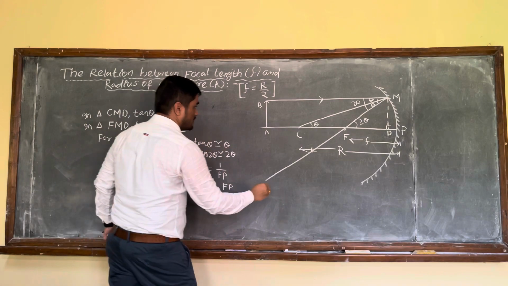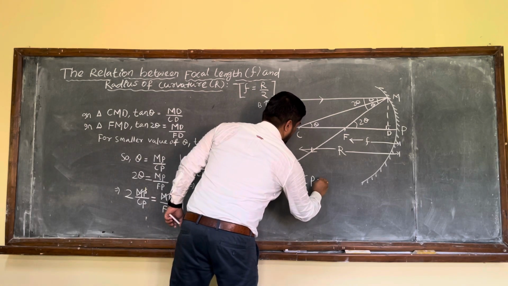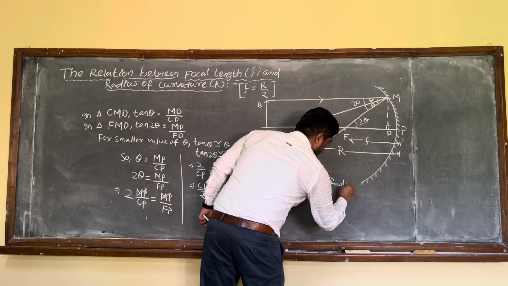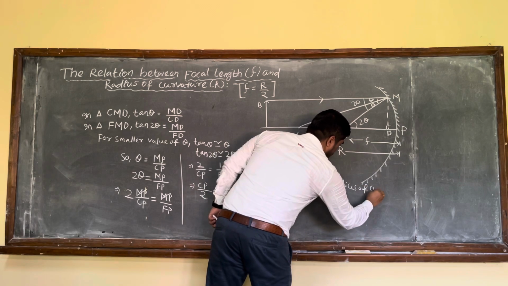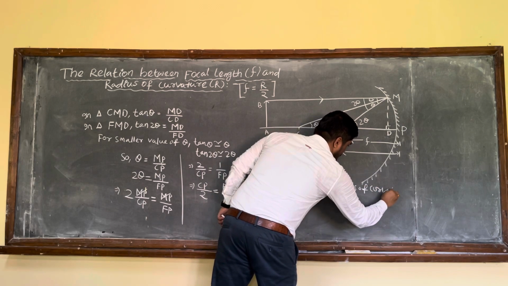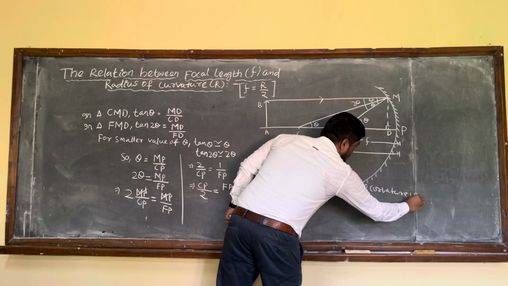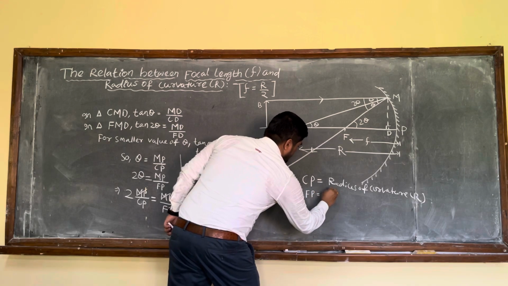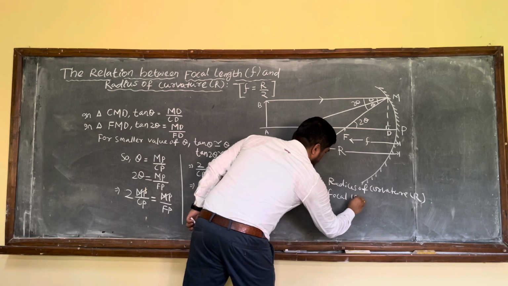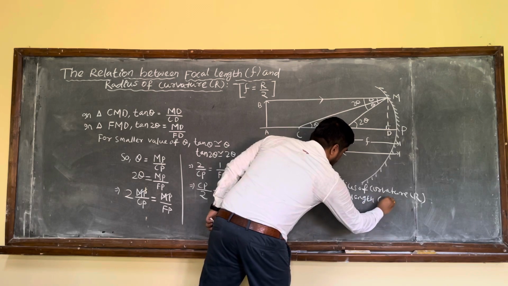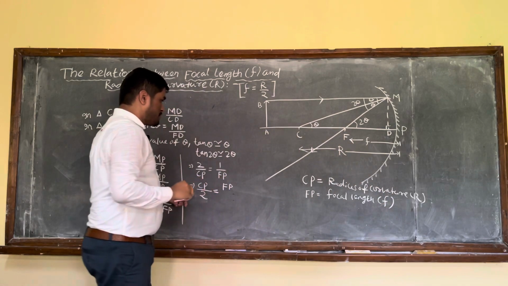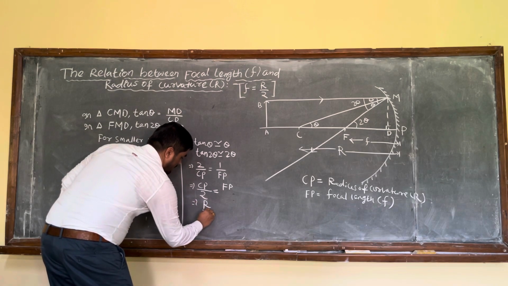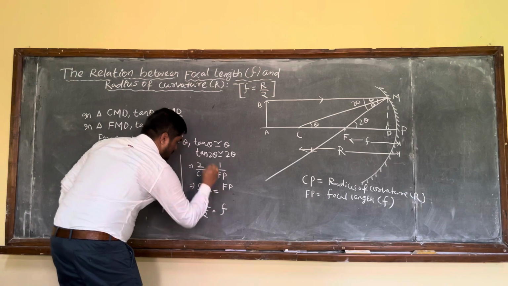CP is the radius of curvature R, and FP is the focal length F. So in place of CP you can write R. So R divided by 2 is equal to F.